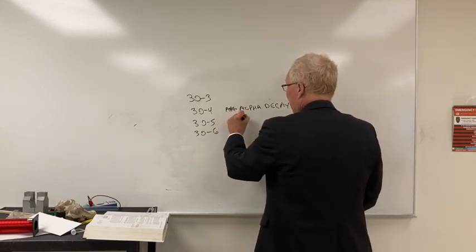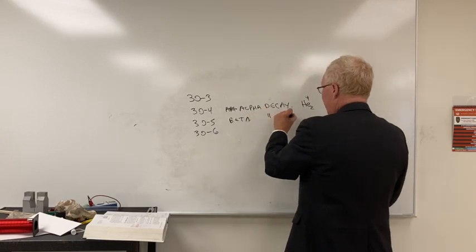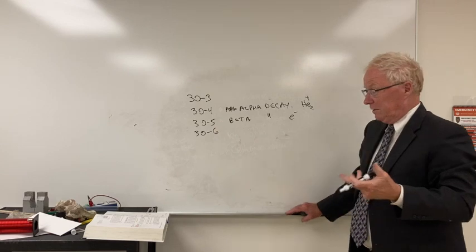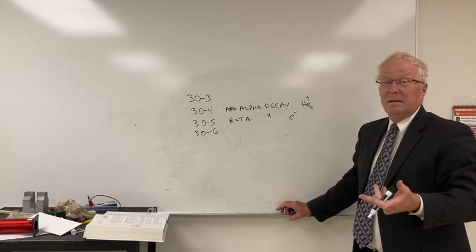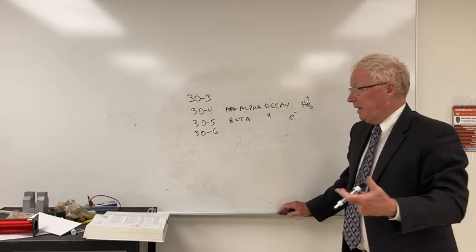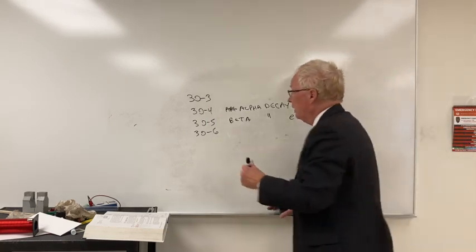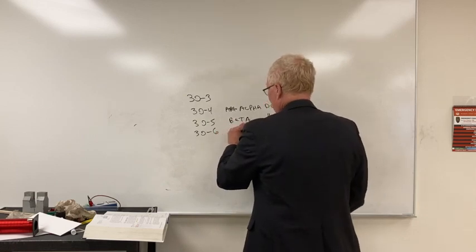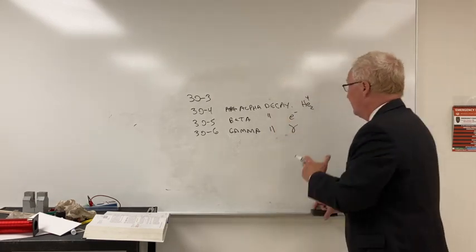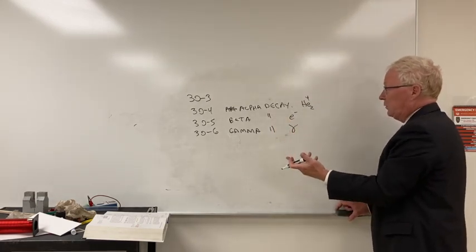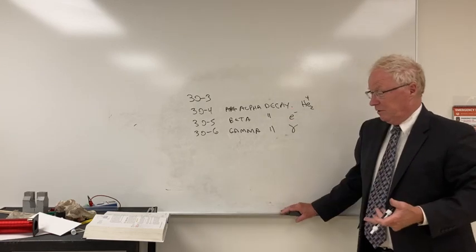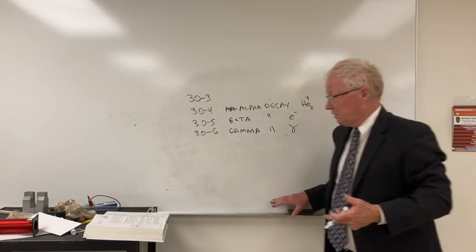Beta decay, which is an electron. The kinds of reactions are alpha decay, like decay of uranium, beta decay, like decay of carbon-14, and then gamma, which is a high energy photon. The types of nuclear reactions for each one of those.